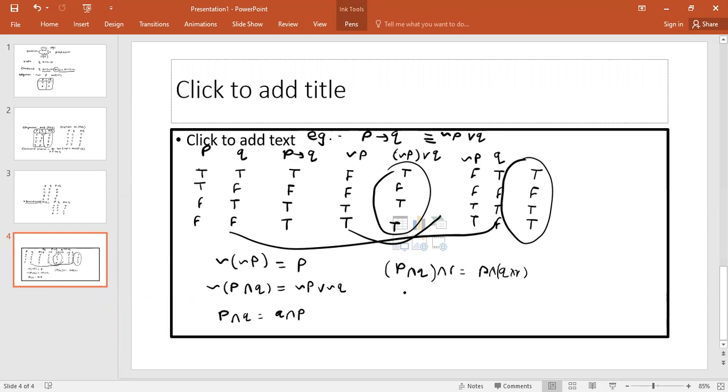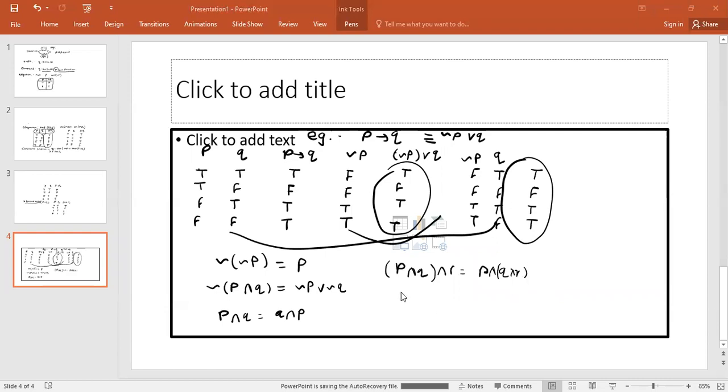So please do solve this at your home. Try to solve. So this is associative law.